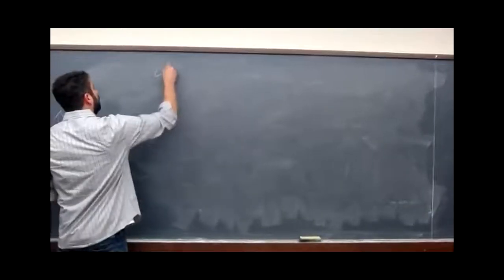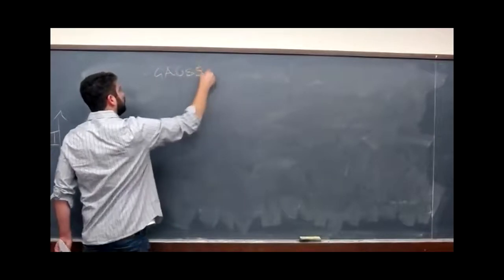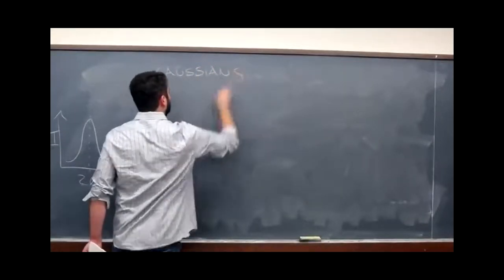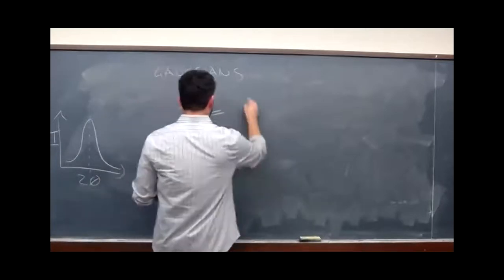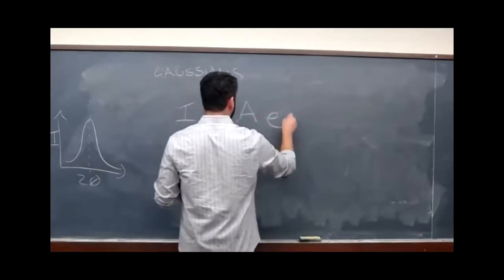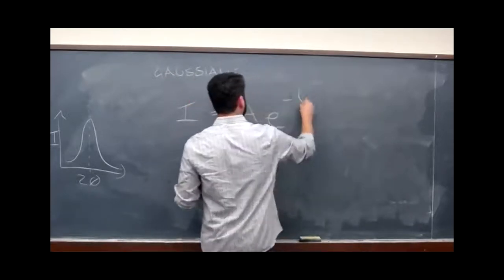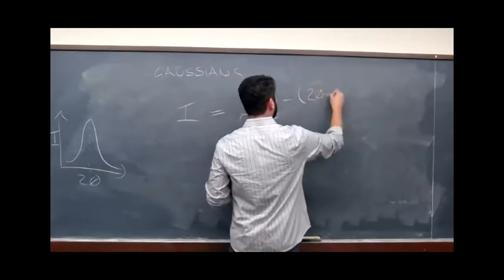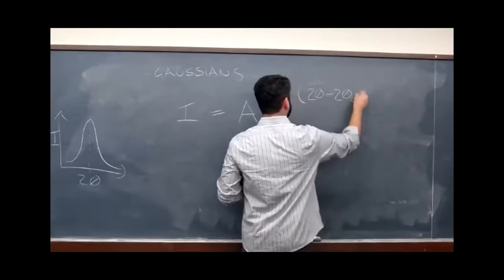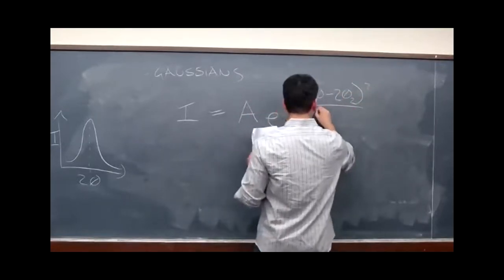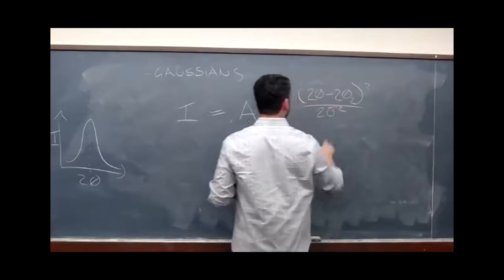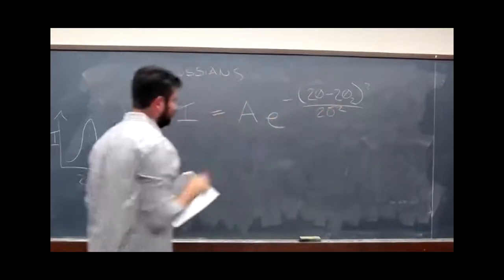Some of the most commonly used ones are Gaussians, so intensity is equal to an amplitude times an exponential, where the sigma is related to the width of the peak.